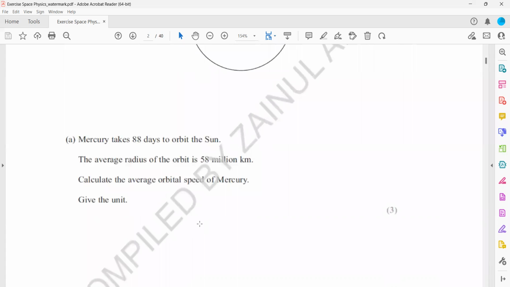Calculate the orbital speed. So how to solve such a question? If you need the orbital speed, the speed at which the planet is moving around the sun, we'll use a formula. Speed equals distance divided by time.